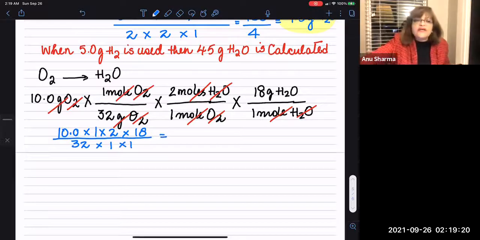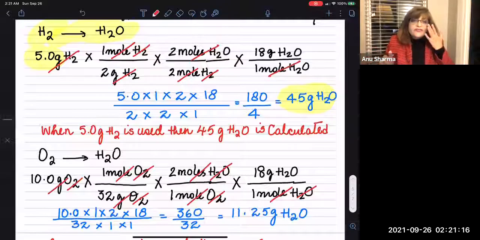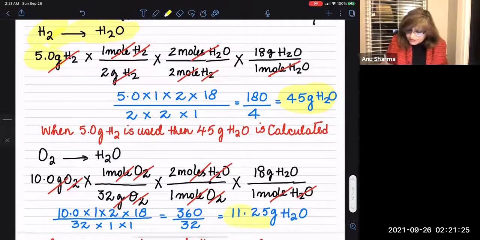Okay, so let's do the calculations. When we do the calculations, we get that 11.25 grams of water can only be produced when 10 grams of oxygen reacts.